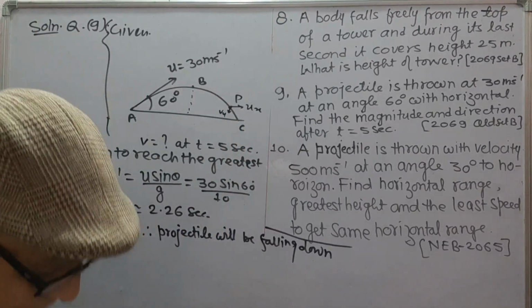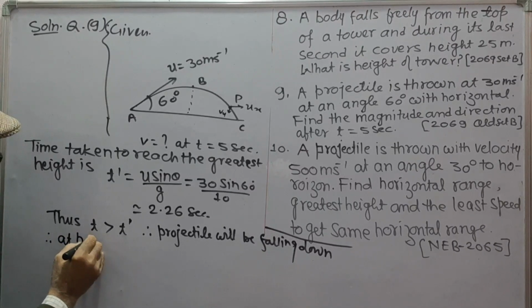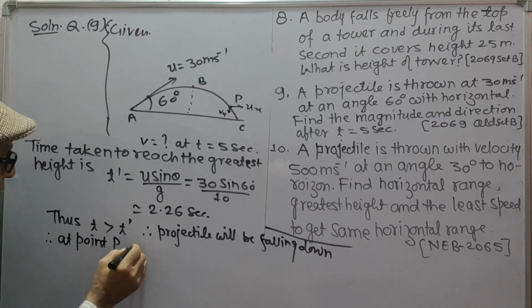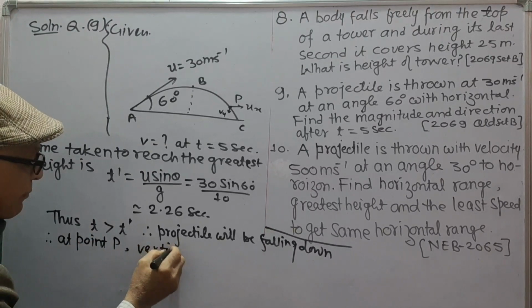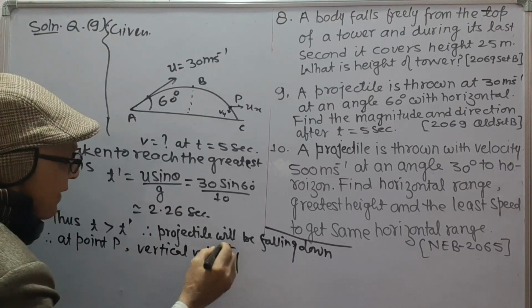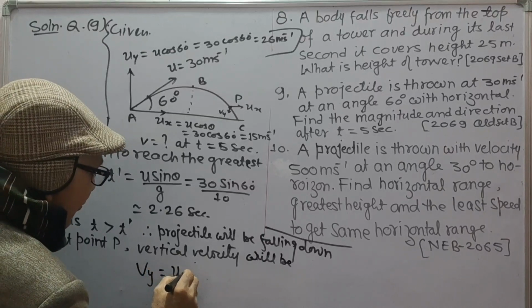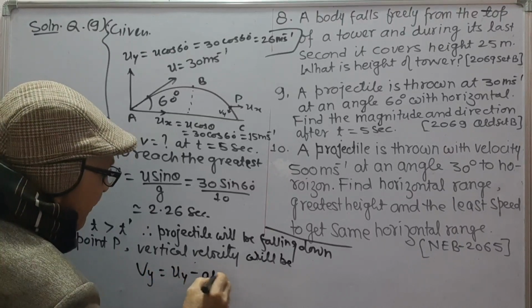Therefore the vertical velocity at point P will be Vy is equal to uy minus gt.